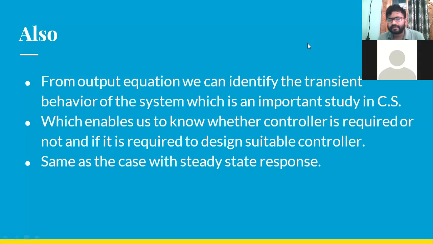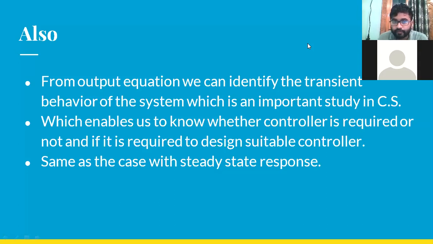Same is the case with the steady state response. Similarly, by looking at the output, it has two parts, the transient part and the steady state part. From the steady state part, we can say whether the system is exactly following the input or not. Suppose my input is a unit step input. What is the value of a unit step input?